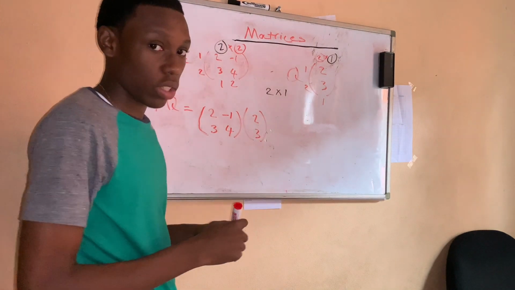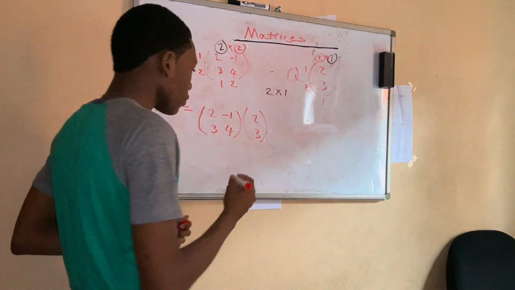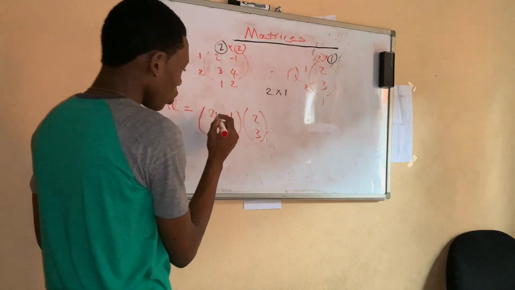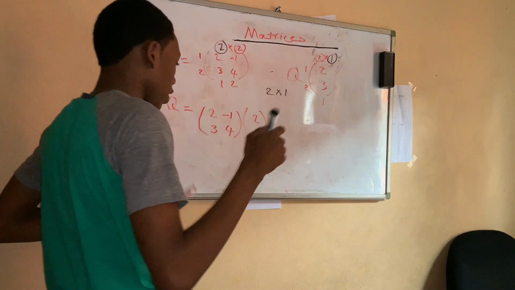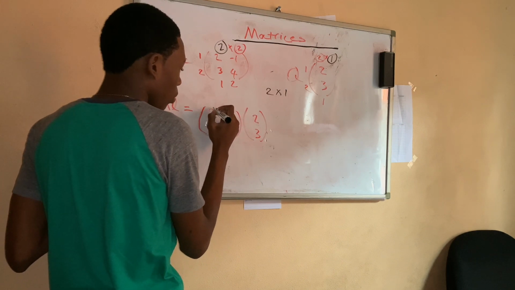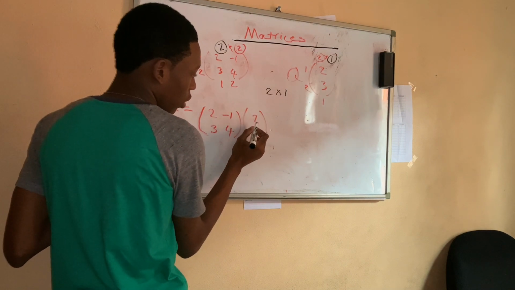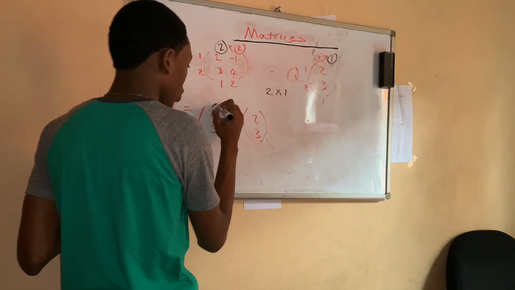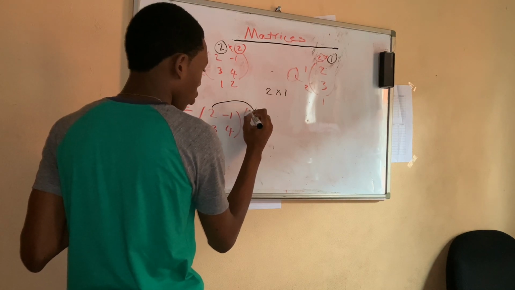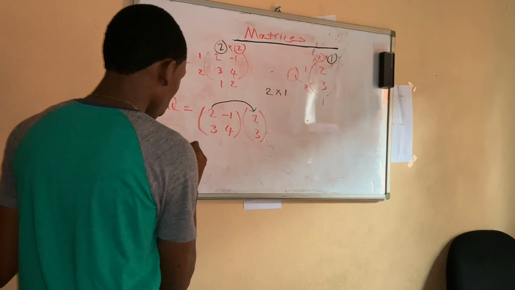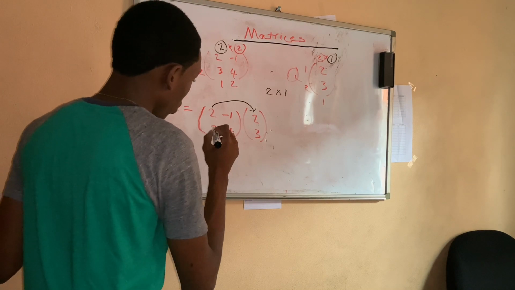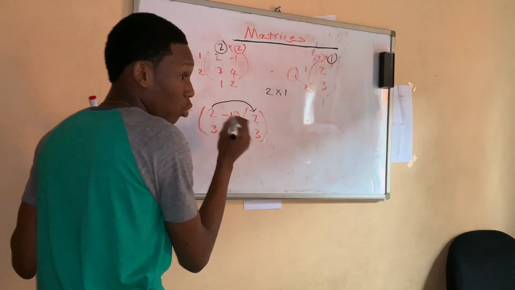Let me show you how that's going to look. Let me use a black marker. You have 2, so we're going to multiply the 2 by the 2 in the column. So we get 2 times 2. We're not done yet because another number is in the row.